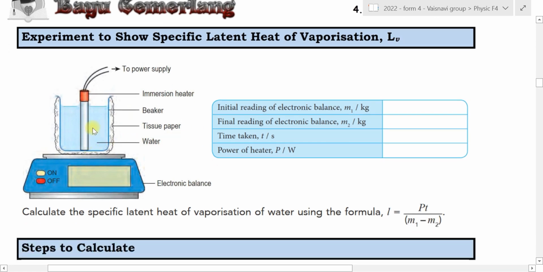Yang ni dia buatlah macam ni. Initially, let's say it is 0.1 kg. After a while, you let it boil. All the water change into steam ready, right? So the water will decrease lah. For example, let's say 0.07.